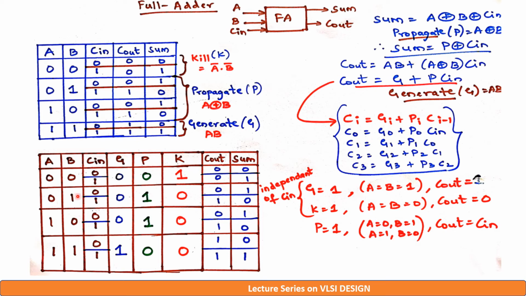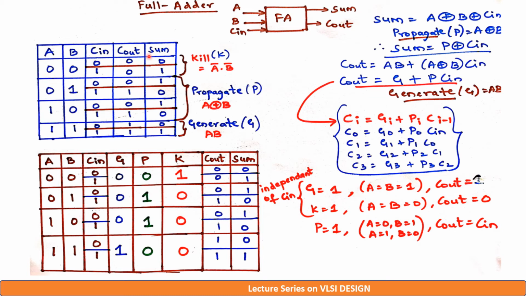A is 0, B is 1 or A is 1, B is 0, carry will be propagated. Therefore, propagate is 1, whereas generate and kill are 0. When A is 1, B is 1, carry gets generated. Therefore, Cout is 1. Carry gets generated, so generate is 1 and propagate and kill are 0.